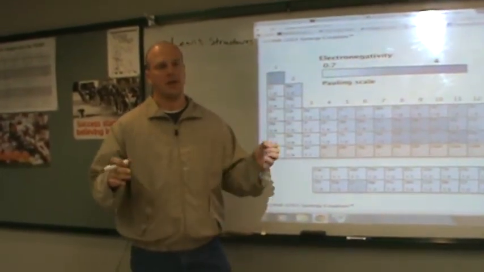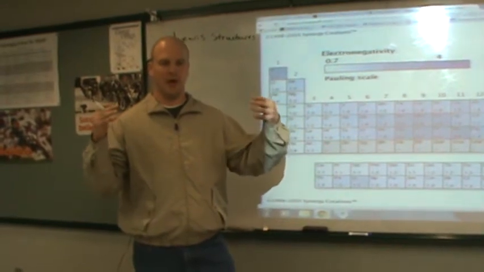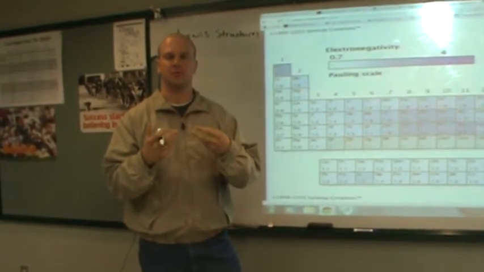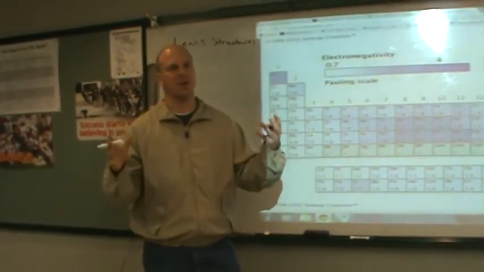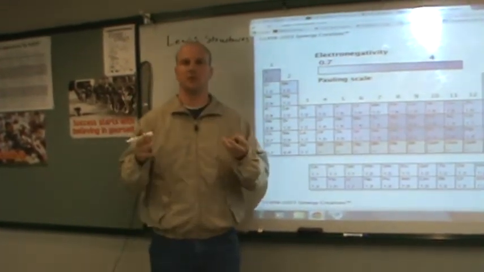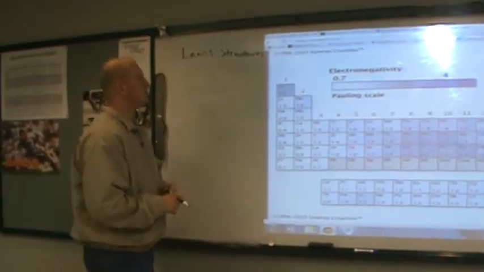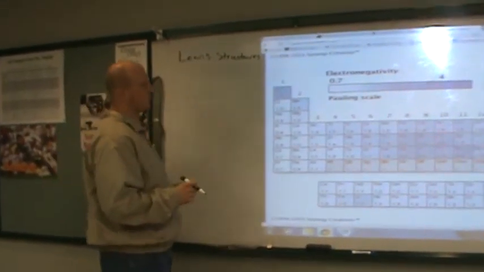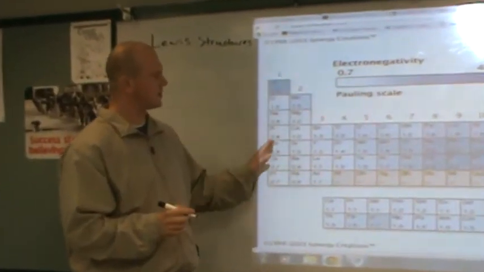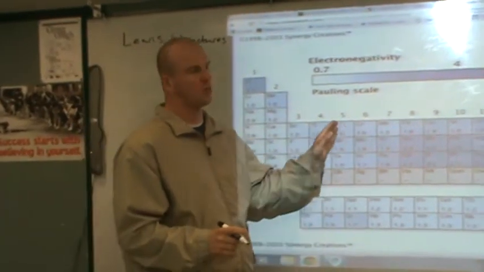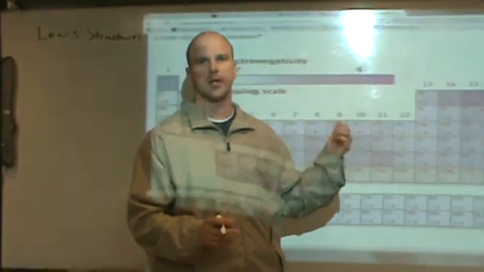And basically, with covalent bonding, we have a sharing of electrons. So each atom, as long as it has 8 electrons total, can do that through sharing, and it's fine. The other principle we have with Lewis structures is that the central atom is generally the one with the lower electronegativity.